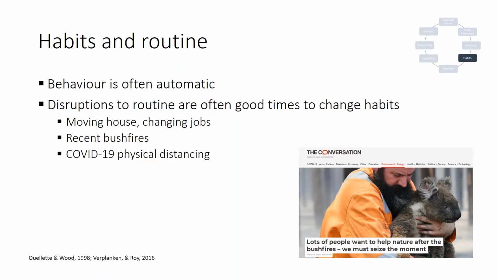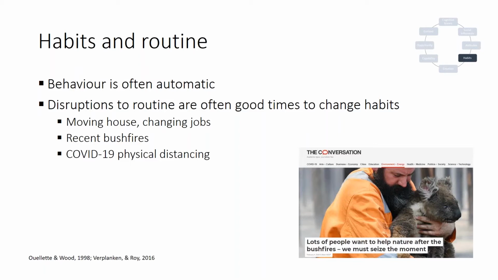We wrote a piece for The Conversation recently about people wanting to help after the bushfires. We were all affected in some way, shape or form by the smoke haze or the images online of the devastation. And so people were saying, I want to help. And we need to take the moment of that habit disruption in order to change behaviours.